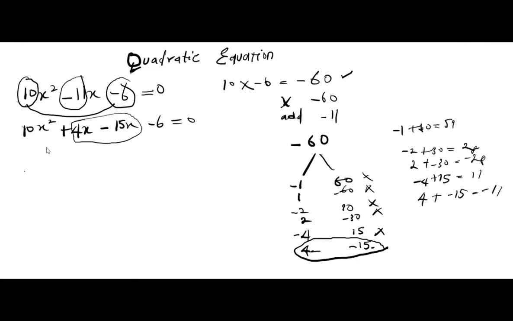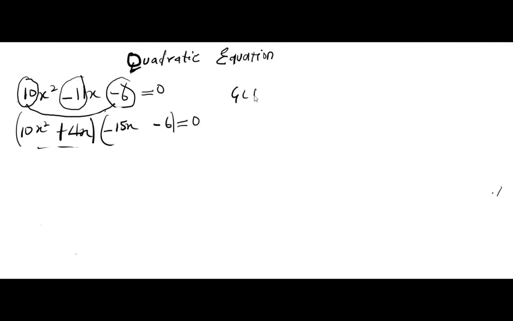Now group them. You factorize by grouping and find the GCF. Here the GCF is equal to 2x. If you consider this, the GCF equals 2x. So you have your 2x outside.